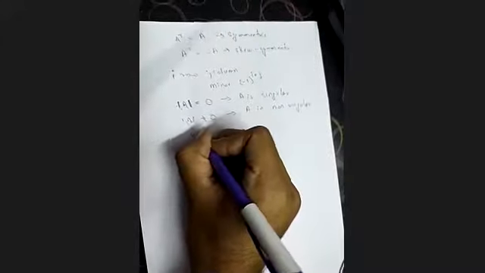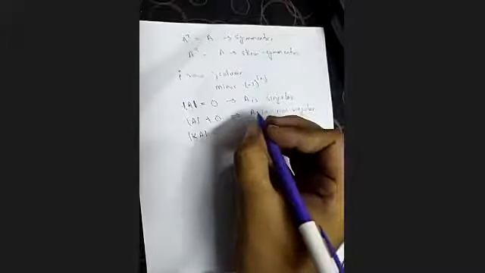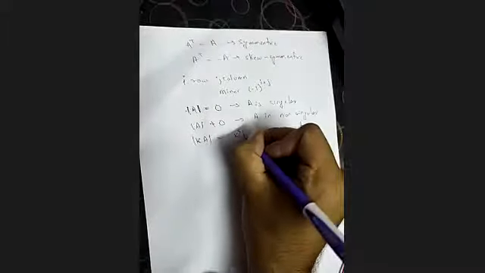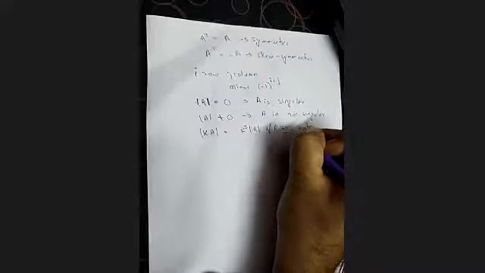Now, K is a constant. Determinant of K into A, for a 3 by 3 matrix, is equal to K power 3 into determinant of A, if A is a 3 by 3 matrix.